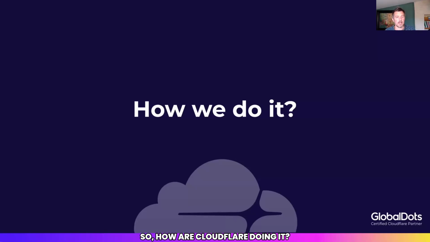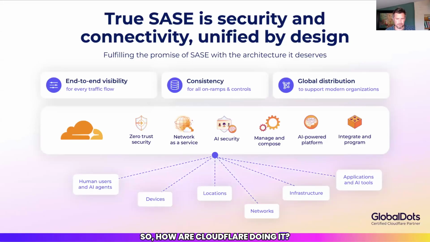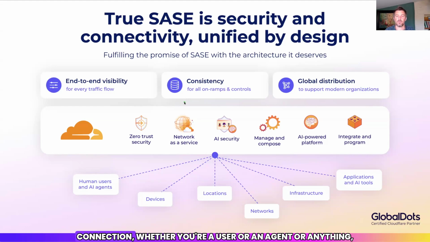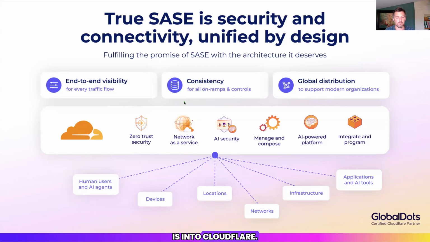So how is Cloudflare doing it? We have a concept of on-ramps now, and I'll talk a little bit about on-ramps before I jump into the demo. Essentially, the idea is that your first connection, whether you're a user or an agent or anything, is into Cloudflare. And then Cloudflare becomes that reverse proxy.